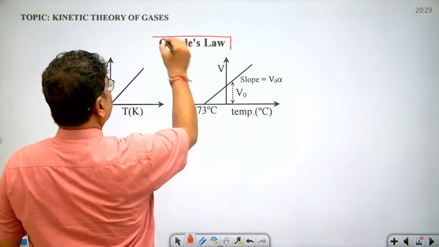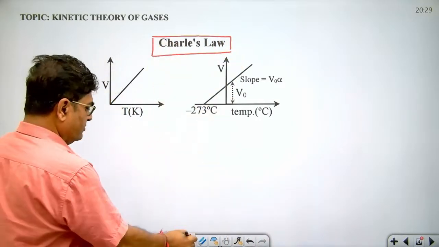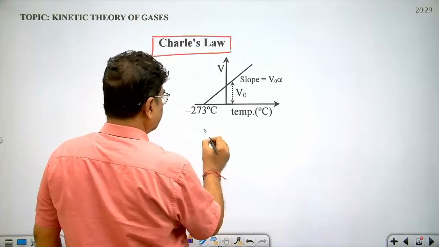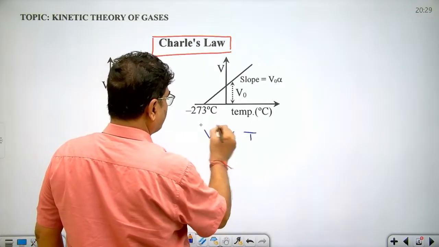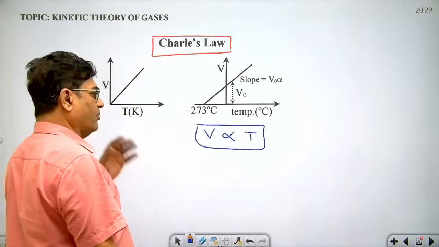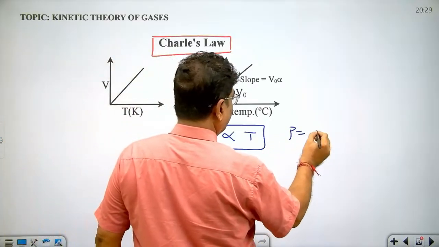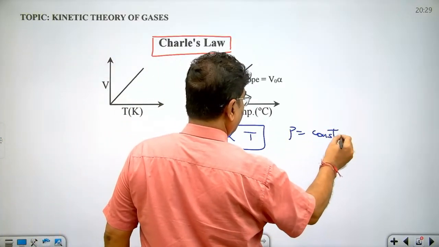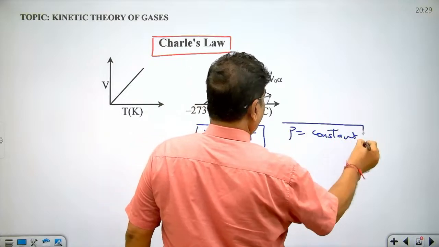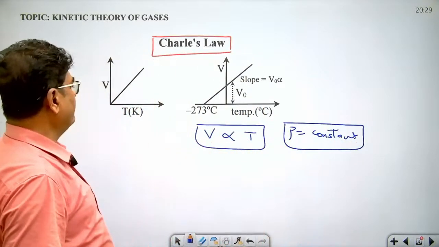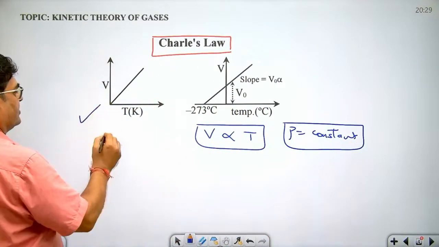Charles law. According to Charles law, the volume of a gas is directly proportional to temperature when number of moles and pressure remains constant. So the graph between volume and temperature is a straight line.